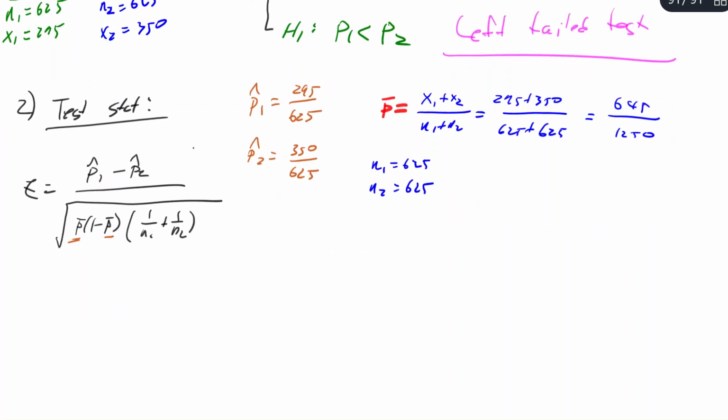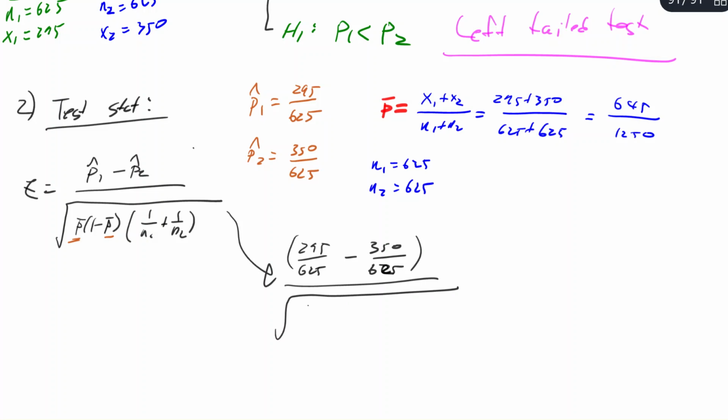Okay. So let's plug all these values in to find the z. 295 over 625 minus 350 over 625, divided by the square root of p bar, which is 645 over 1250, times 1 minus 645 over 1250, multiplied by 1 over 625 plus 1 over 625.